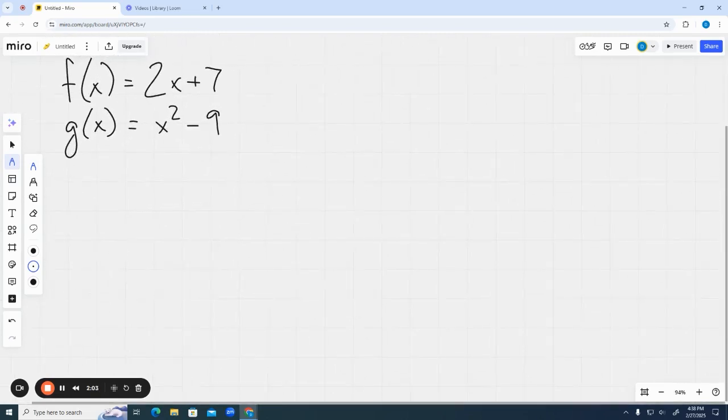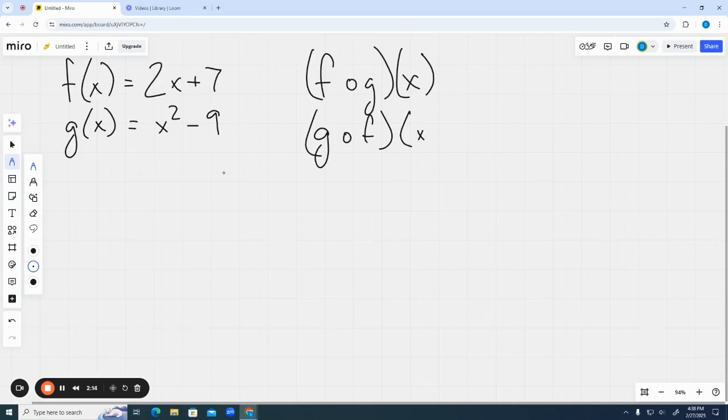Well, the way that we can do this and find both f of g of x and g of f of x is that we can go ahead and treat the second function in this composite as a value of x, right?